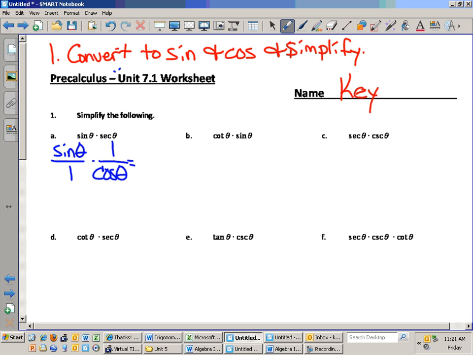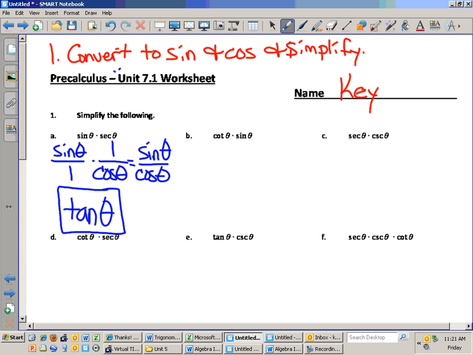And if I multiply those, I get sine of theta over cosine of theta. What is sine of theta over cosine of theta? Tangent of theta. So sine times secant reduces to tangent.